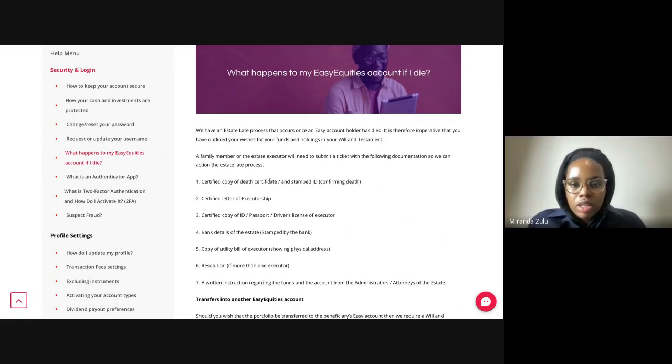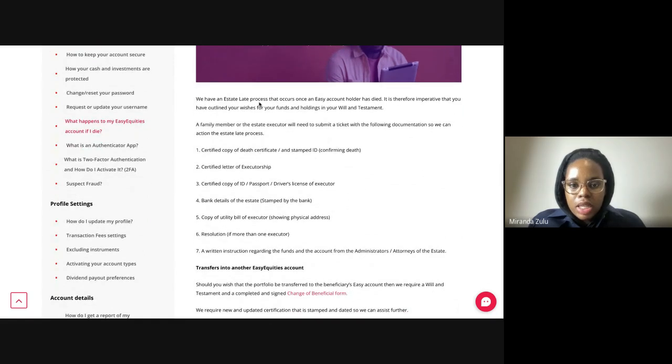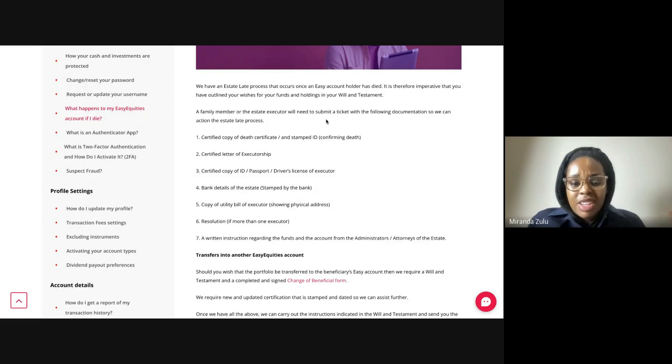I'm just looking here on Easy Equity. So they have this question. We have an estate leave process that occurs once an account holder has died. It's imperative that you have outlined your wishes and fund holdings in your will. So yeah, I think it's important to have a will for this type of process. But even if you don't have a will, I think a similar process might be the case.